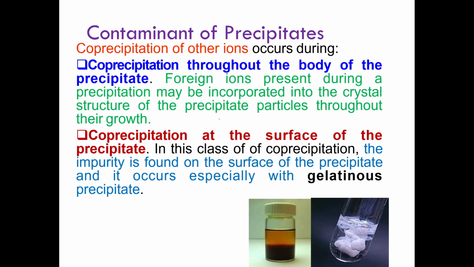For co-precipitation at the surface, the impurities are found on the surface of the precipitate, and it occurs especially with gelatinous precipitate. Gelatinous is a type of precipitate like a gel or jelly. This type of jelly precipitate sometimes will adsorb impurities at the surface of the precipitate.